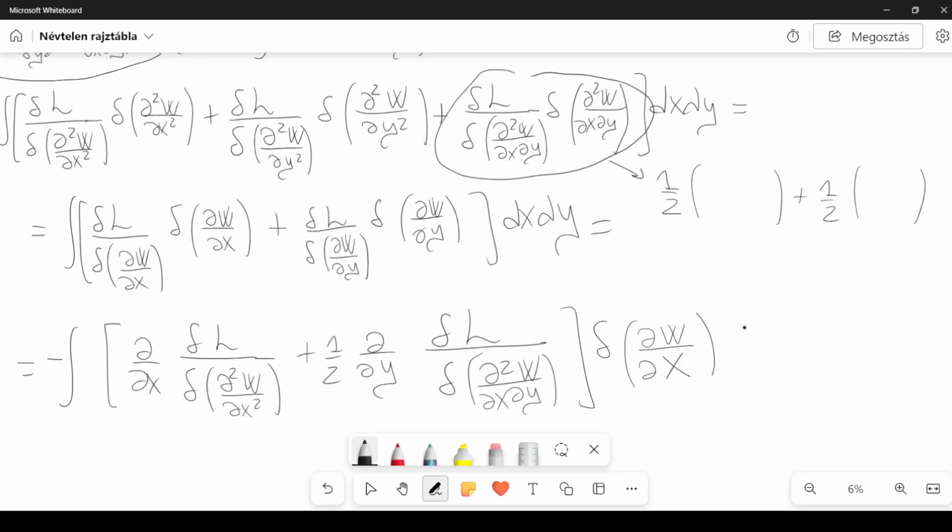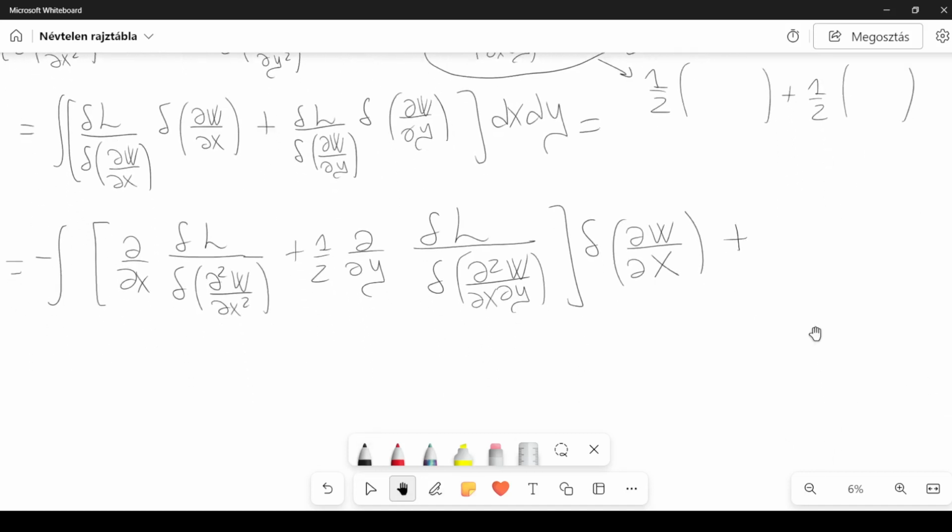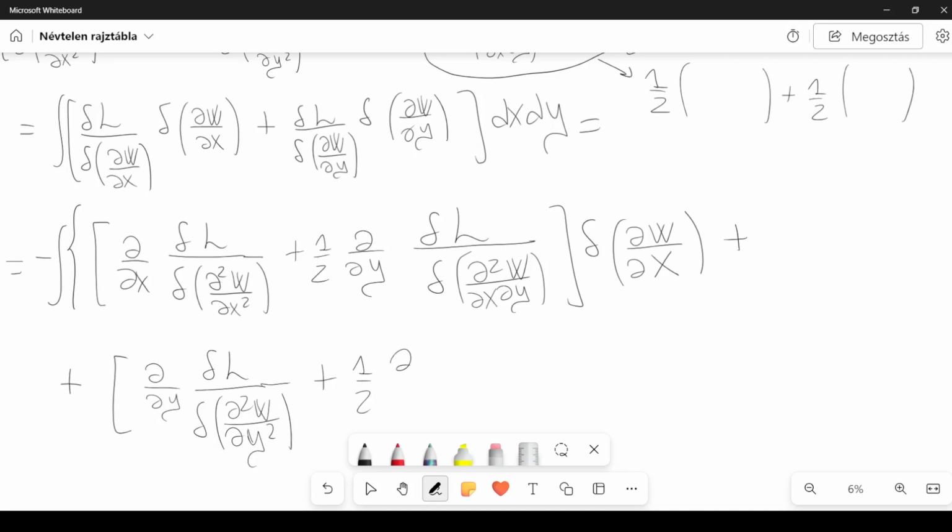And similarly, I have another term, so I have plus, let me put also a curly bracket here, plus I have ∂/∂y, the change in L with respect to ∂²w/∂y², plus 1/2 ∂/∂x, the change in L with respect to ∂²w/∂x∂y.